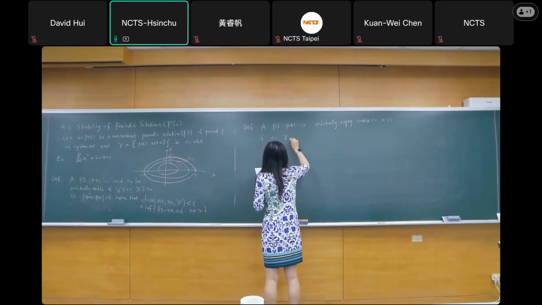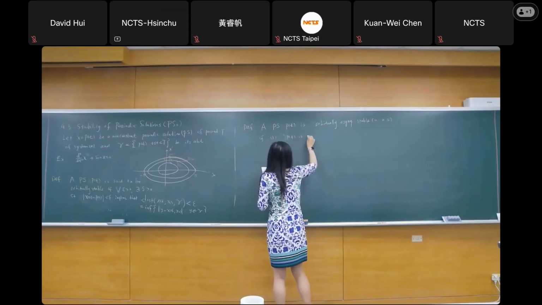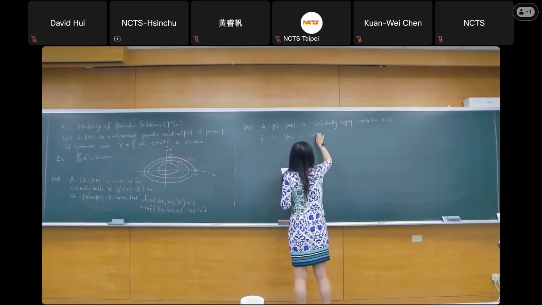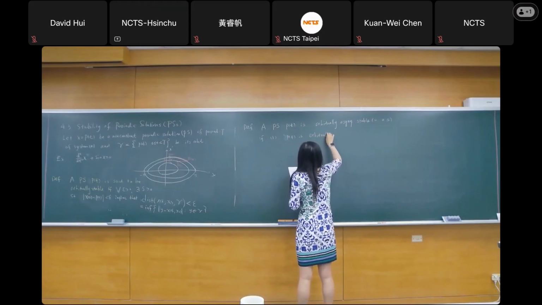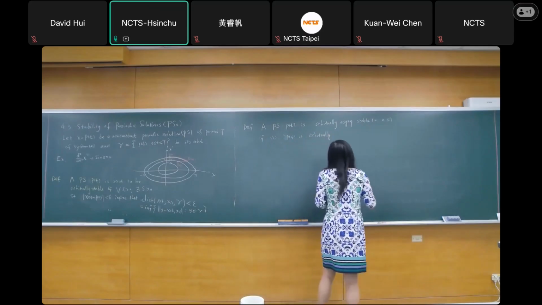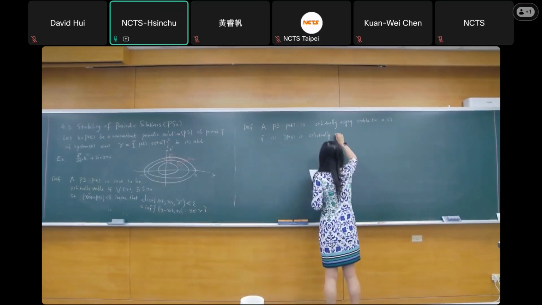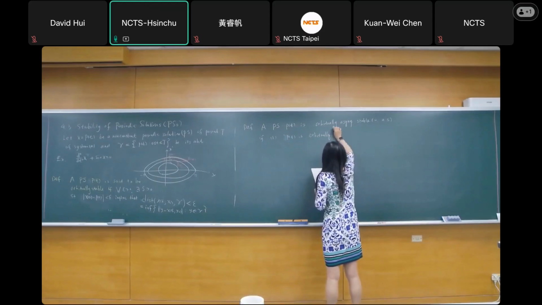So the gamma orbit, first of all, P of t is similar to what we did for asymptotic stability for a fixed point. Then, what's more?